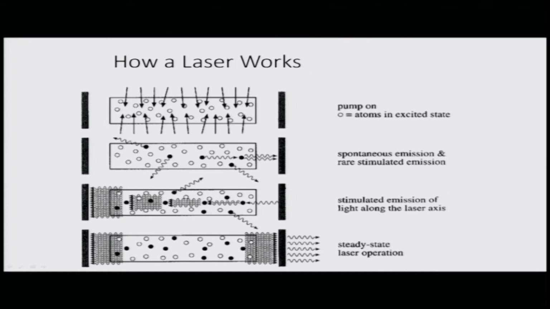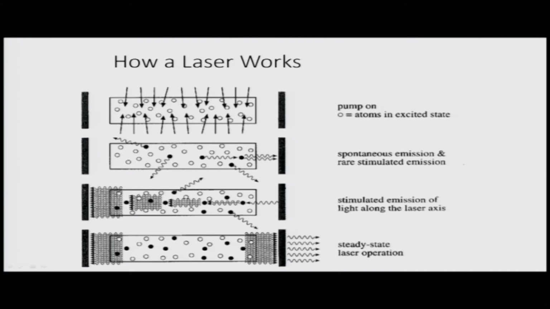We have the laser being pumped, atoms in the excited state are being generated, and spontaneous emission and rare stimulated emission are happening. Because stimulated emission is directional, along the direction of the cavity it gets amplified.